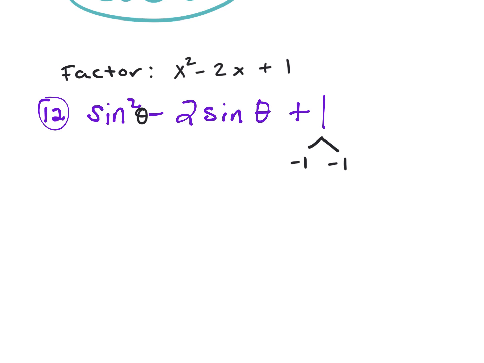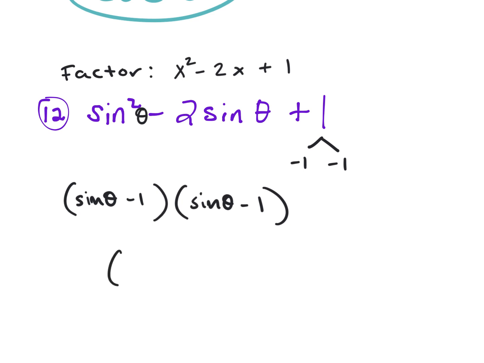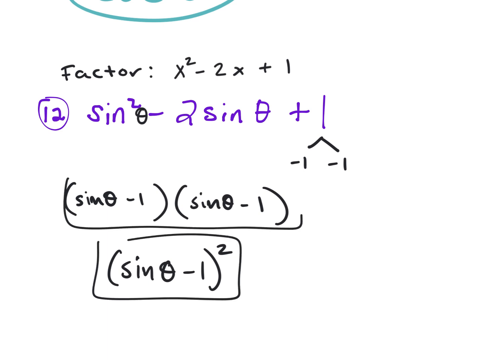Negative 1 and negative 1. So instead of saying x minus 1 and x minus 1, what would we write now? Sine minus 1 and sine minus 1. Or you could say sine minus 1 squared. Either way would work. These are the same thing.